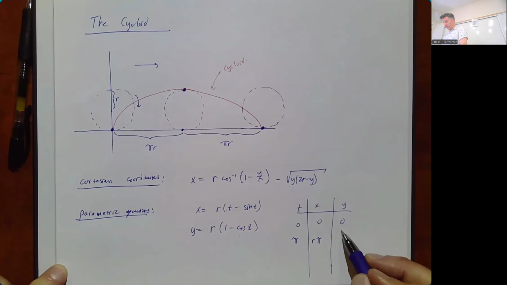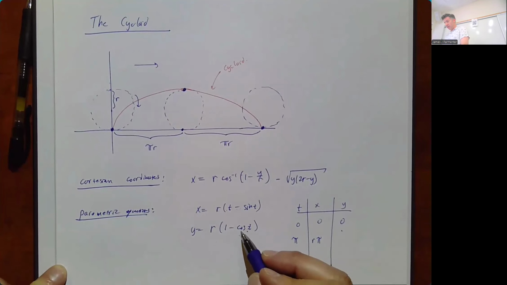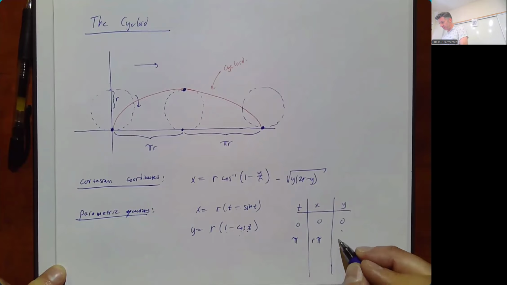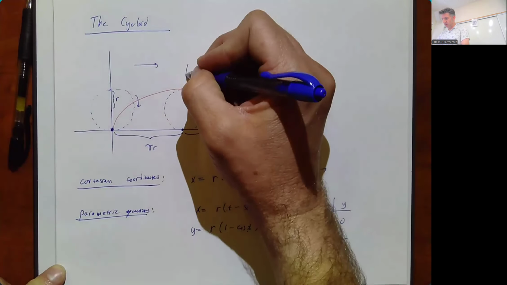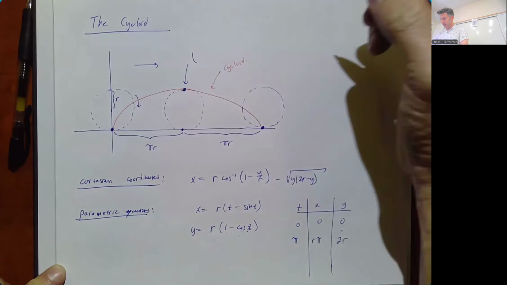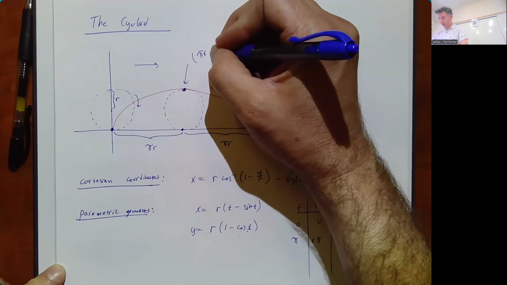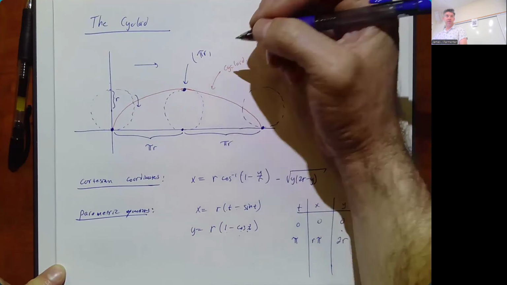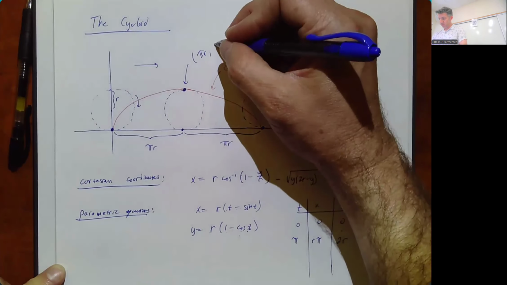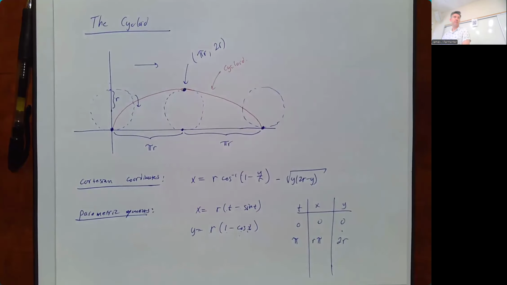And the y coordinate, if I plug in pi here, cosine of pi is -1. 1 minus -1 is 2. So I get r times 2. And that's exactly that coordinate right there. My x coordinate is pi times r, and my y coordinate is exactly the diameter of the circle, which is twice the radius.